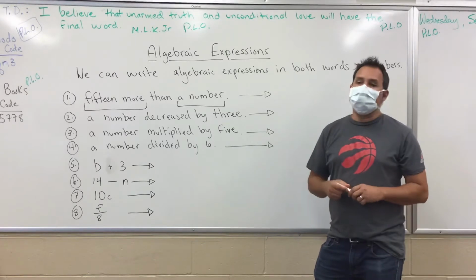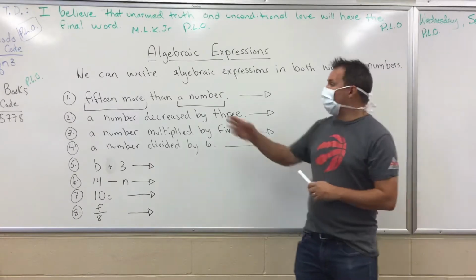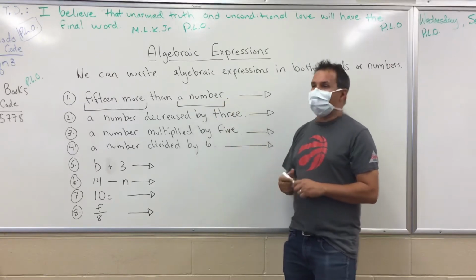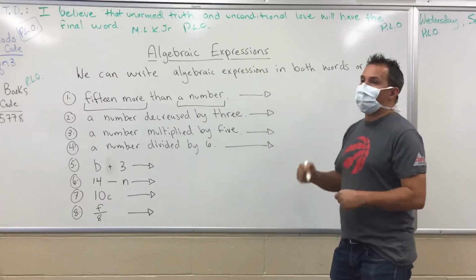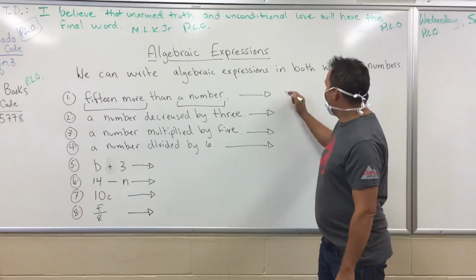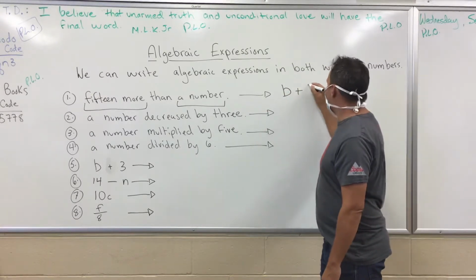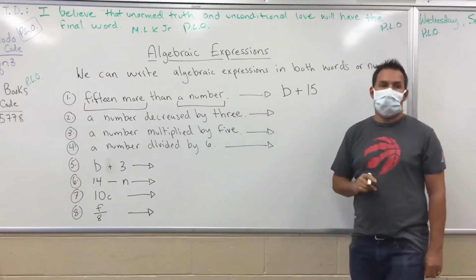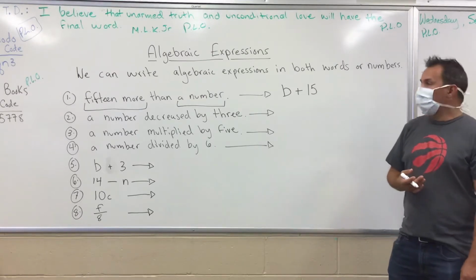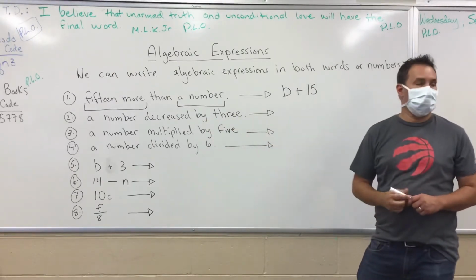The letter is our variable, which could be any number. So we could put in our variable b. 15 more is plus 15. So 15 more than a number is b plus 15.